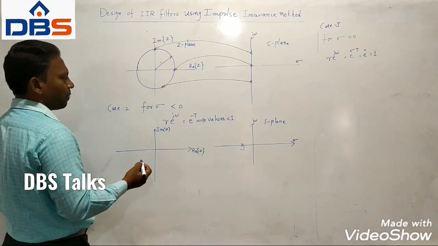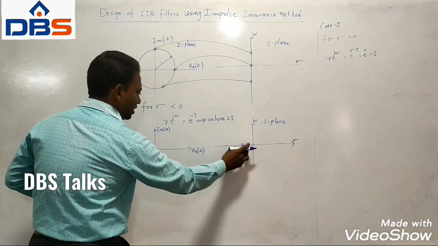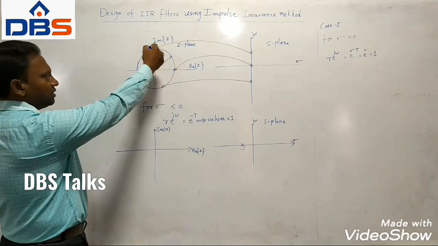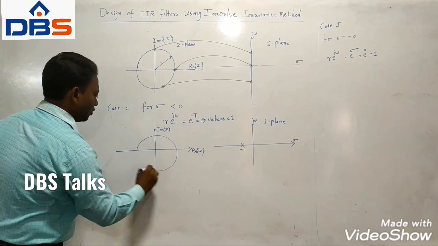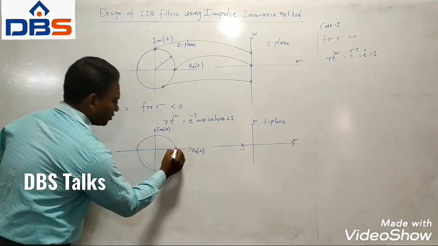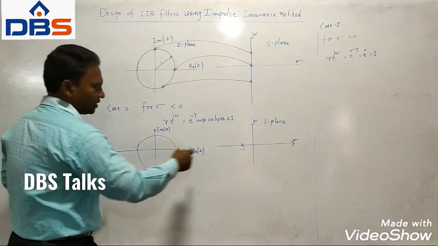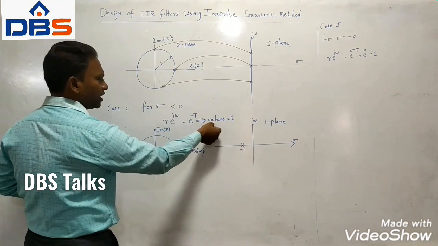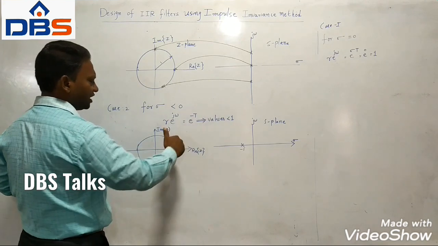Now in this case, if any pole lies on the left hand side, that pole is mapped into the unit circle. Okay, this is a unit circle. Why? Imagine that this is 1 plus 1. Now see, for sigma less than 0, we are getting the values of r into e power j omega less than 1.